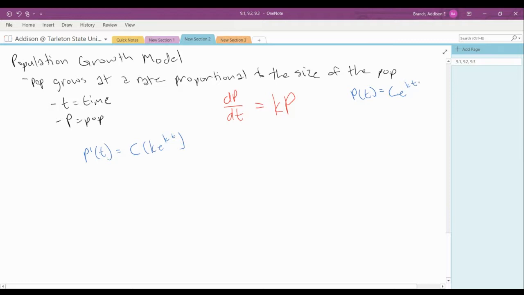This comes from when we derive this piece up here, we have c times ke to the kt.